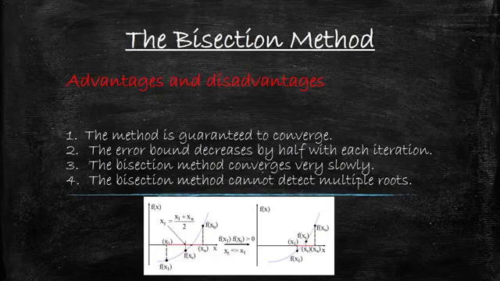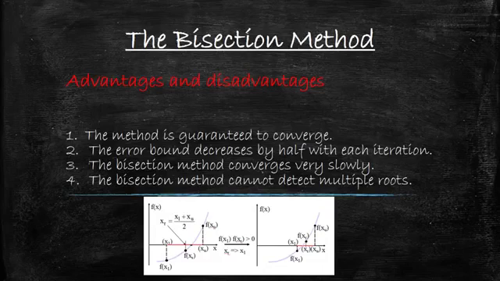The error bound always decreases by half, means in this method we take the average and then make it a new point and iterate it several times, so that the error decreases by half.